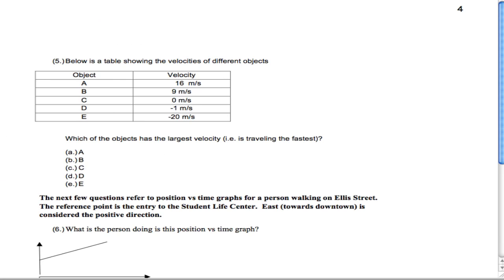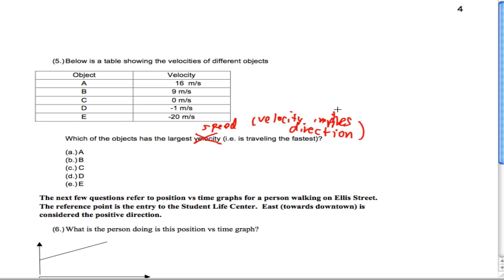And moving on. Here we have 2 very different objects, and I decided to clarify here. I said, which object has the largest velocity? Technically speaking, the word here should be speed, and the reason is that velocity implies direction. So we have to be careful about that.